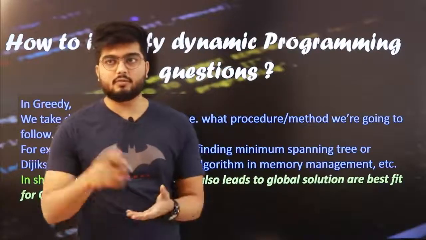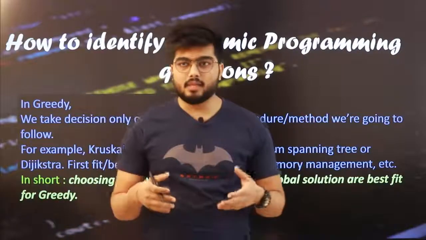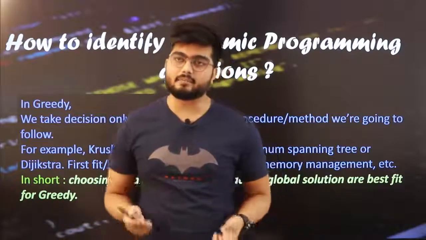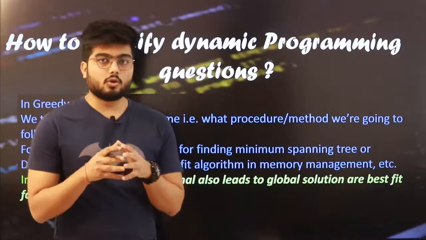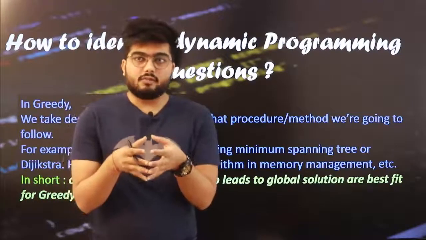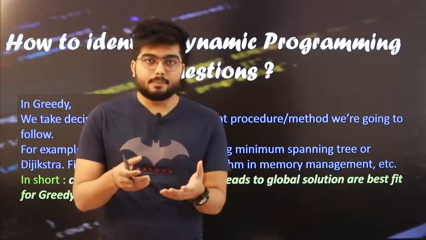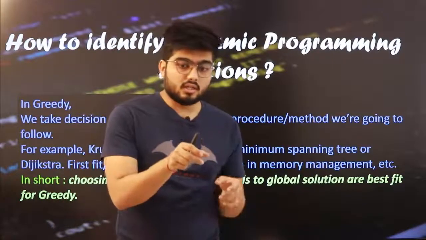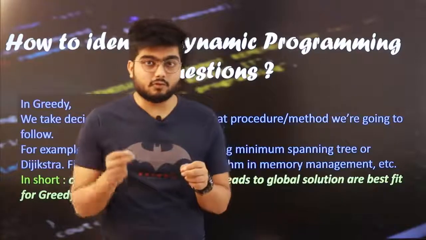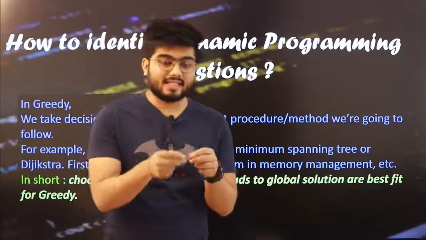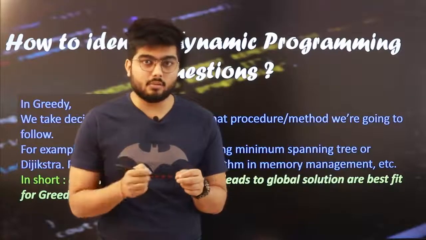If you are given a graph and you have to find the minimum spanning tree, then that will be a tree with the least weight. So how do we find it? We arrange all the edges in ascending order, and the greedy approach will be to choose the smallest edge and see if it's forming a cycle or not. Then take the second smallest edge, and see if a cycle is forming or not.